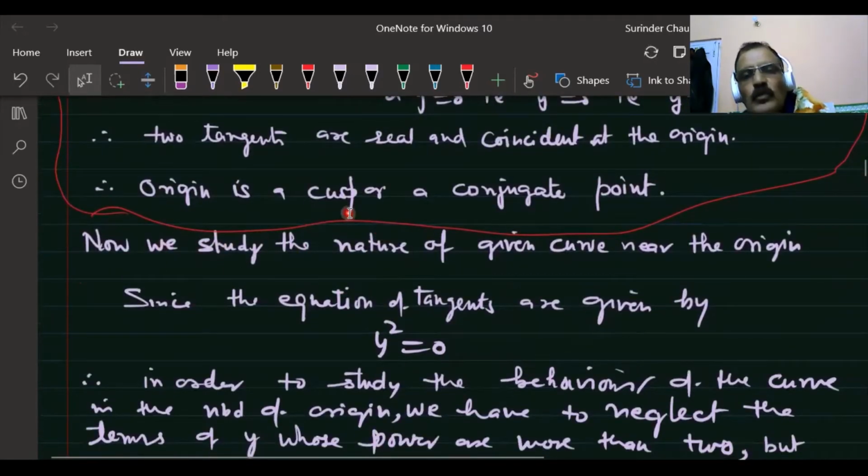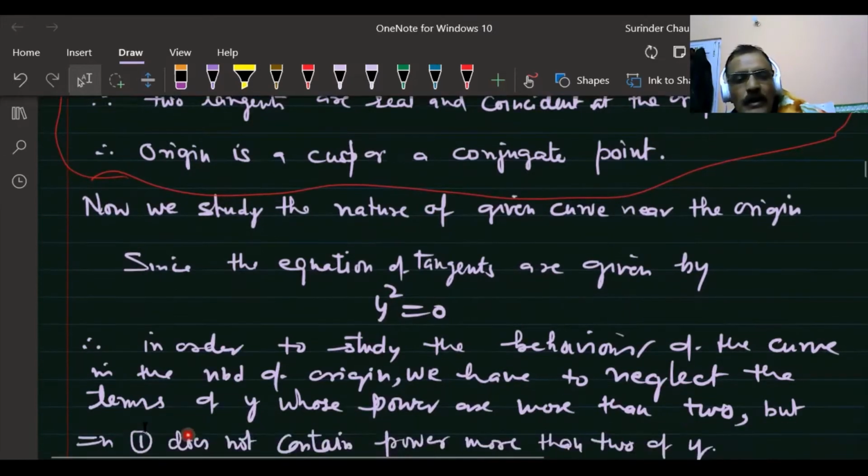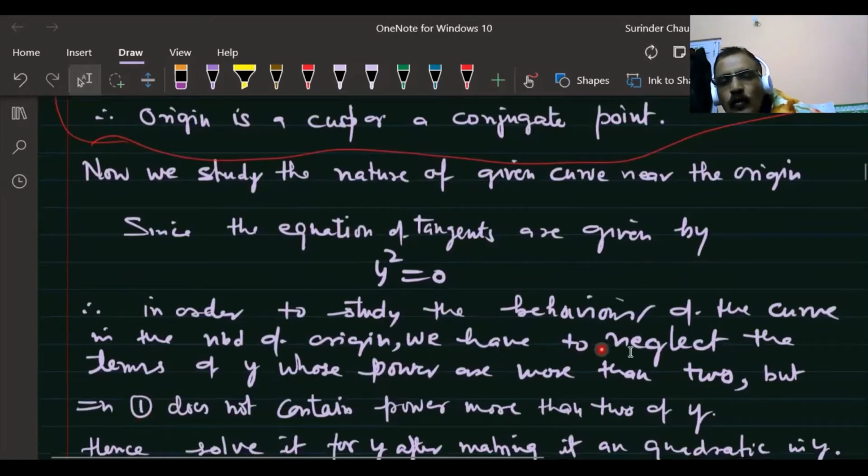Now we already decided that the origin is either a cusp or a conjugate point. Now we study the nature of the given curve near the origin. Since the equation is of this form, in order to study the behavior of the curve in the neighborhood of the origin, we have to neglect the terms of y whose power is more than 2.